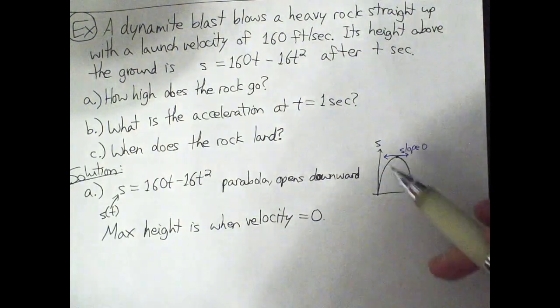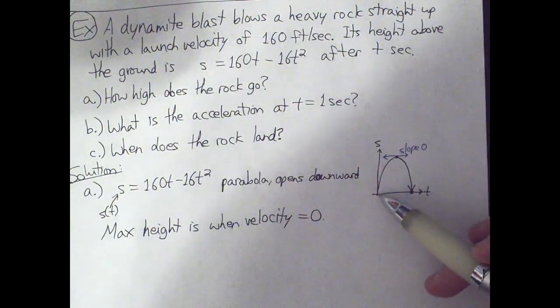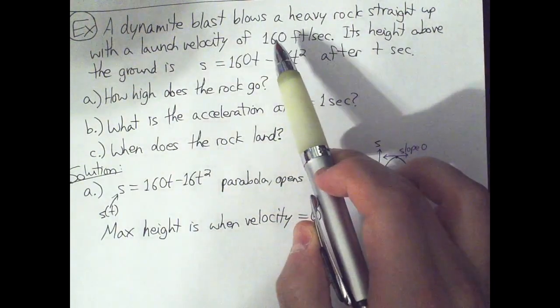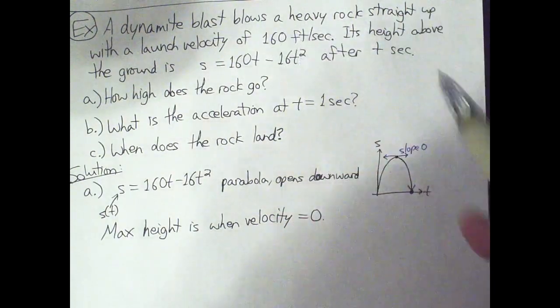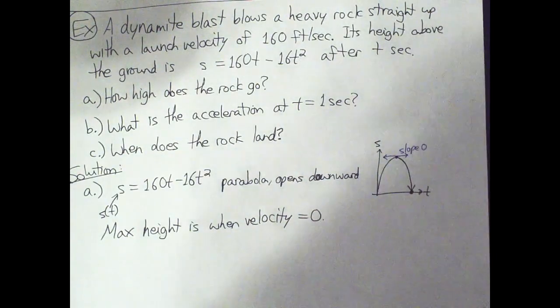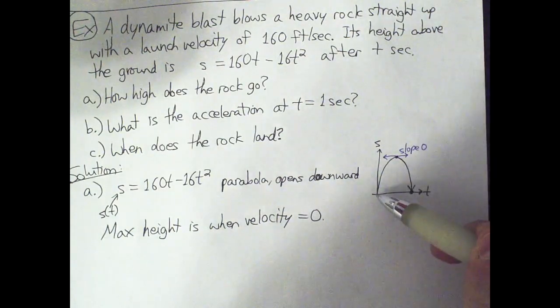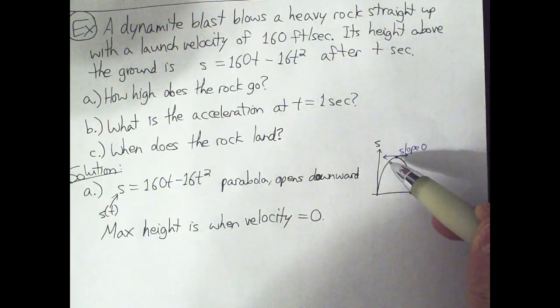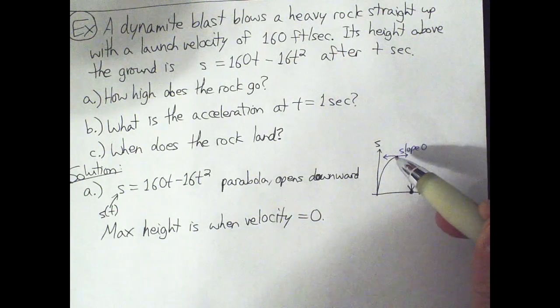Does that sentence make sense? So we have a rock, it's going up. Maybe at first we were told the launch velocity is 160 feet per second. So at first, in that first second, it goes very far, very fast. But then the pull of gravity makes it want to come back down, and the velocity is getting lower and lower.